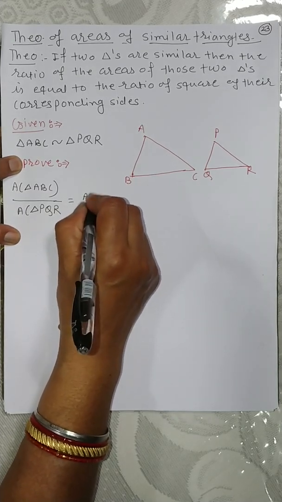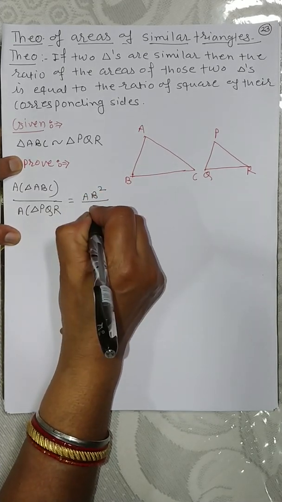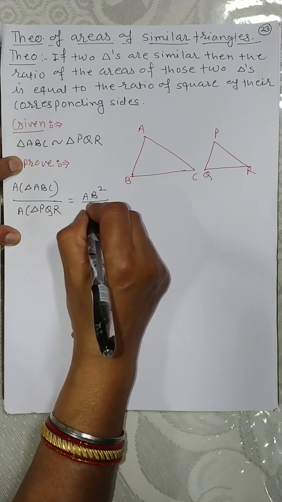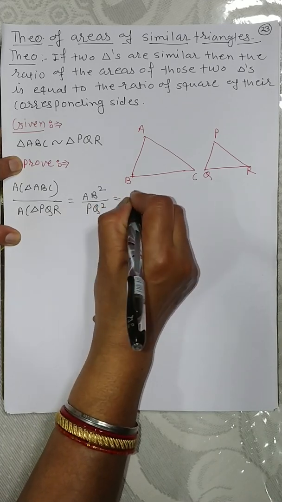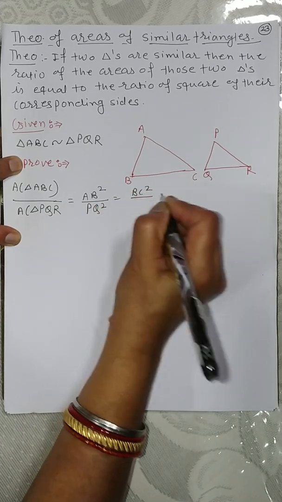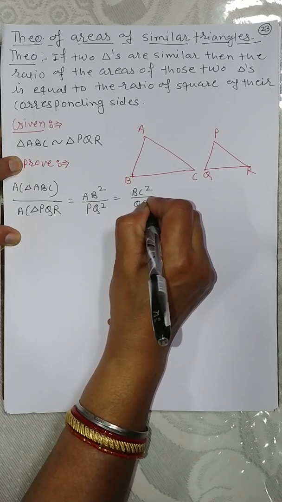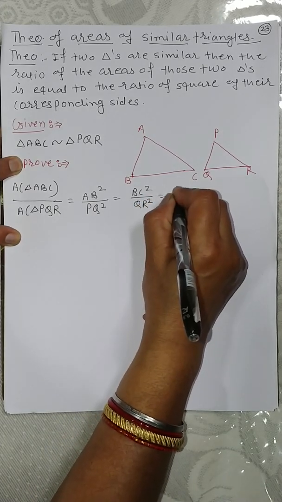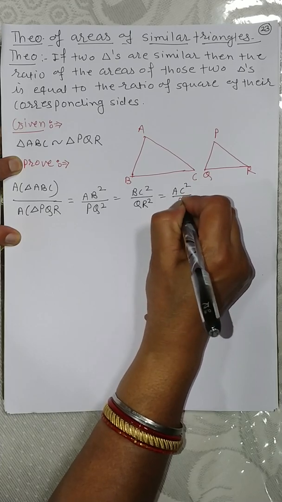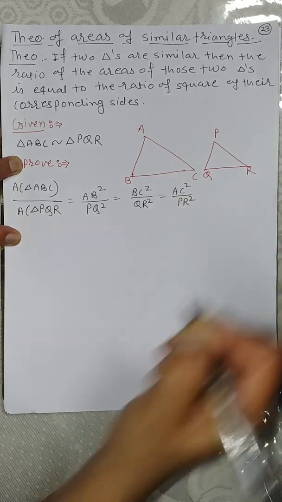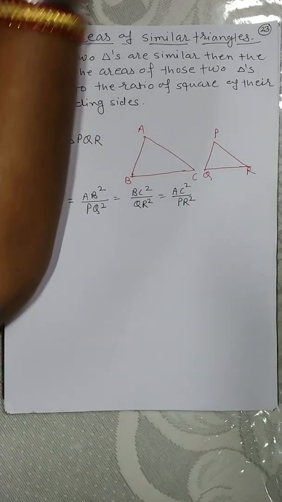So it is equal to AB square upon PQ square or BC square upon QR square, AC square upon PR square. This we have to prove.